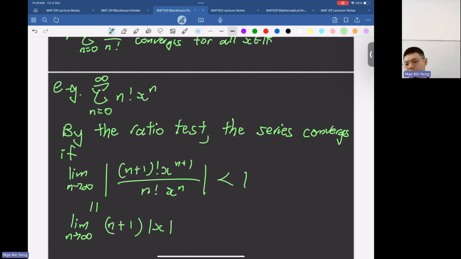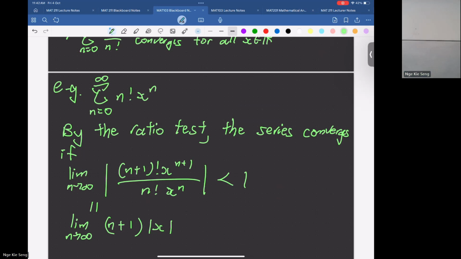You want to make sure this is less than 1, which is impossible unless x is 0. If x is any non-zero scalar, this limit is infinity. But when x is 0, this limit is 0.